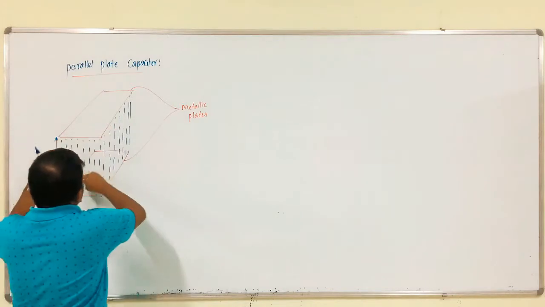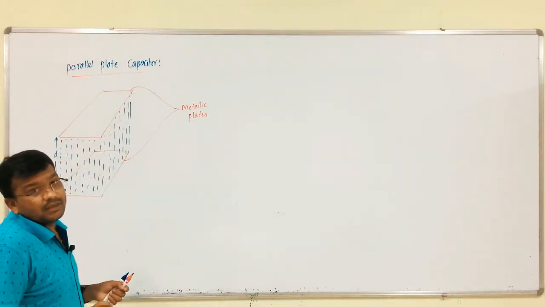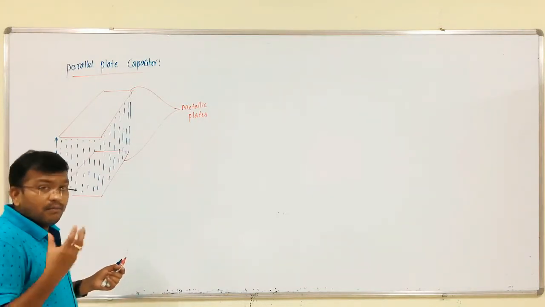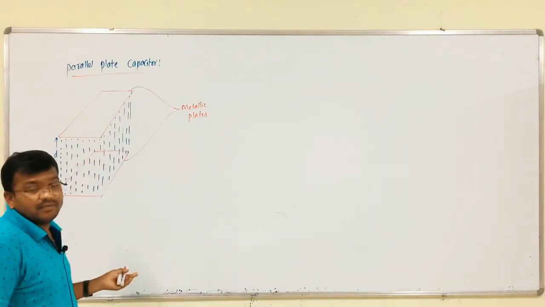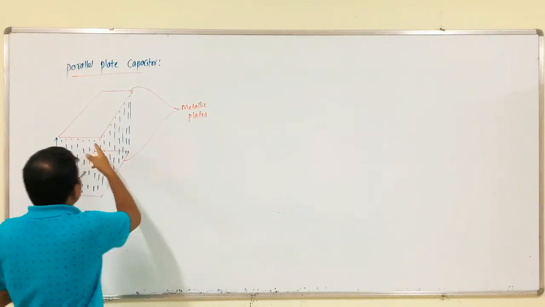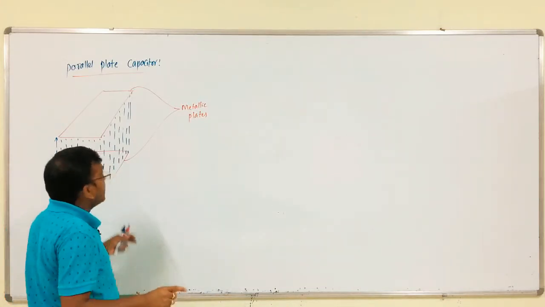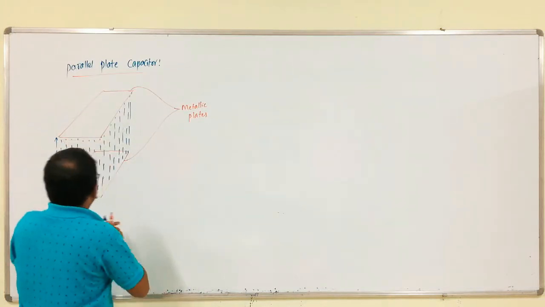In between these two we have to provide a medium. So, that is called dielectric medium, whether it may be glass, mica or air. In this case it is air, okay. So, in between these two plates we have an electric field. When we provide the potential difference between these two plates, obviously we have the electric field.